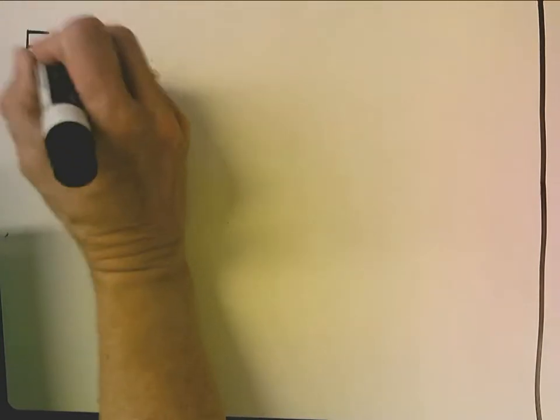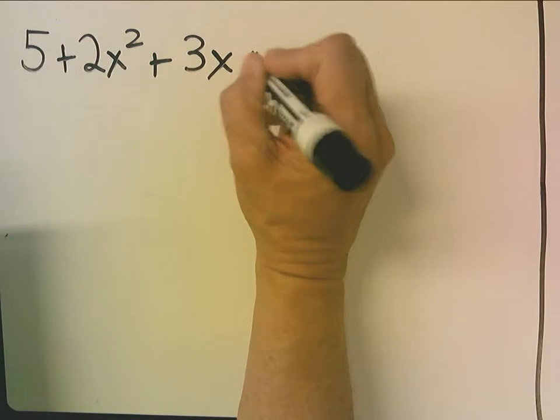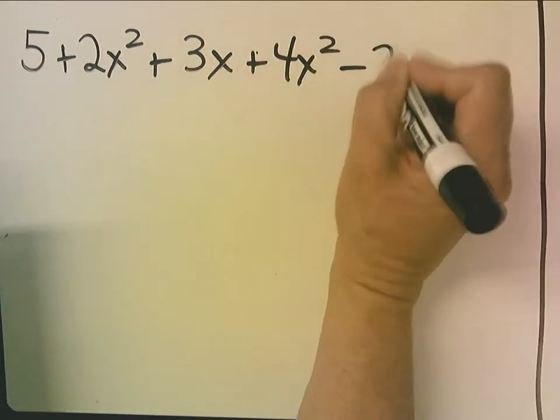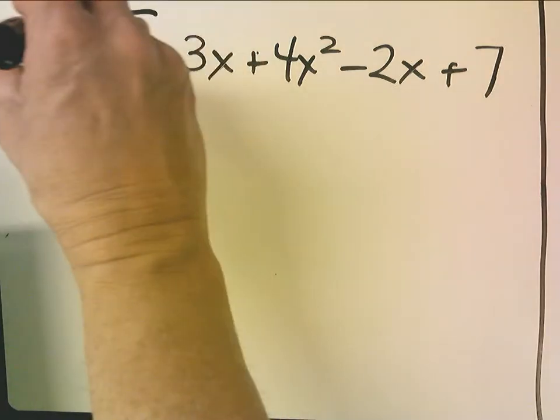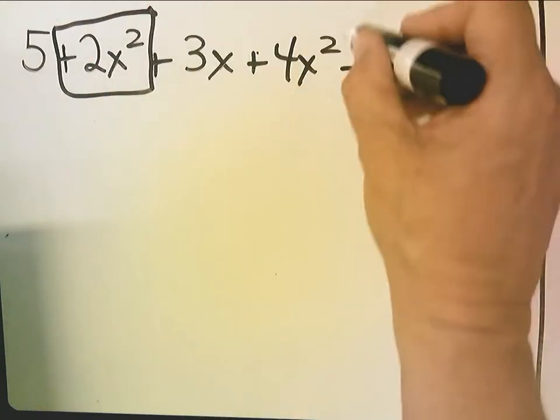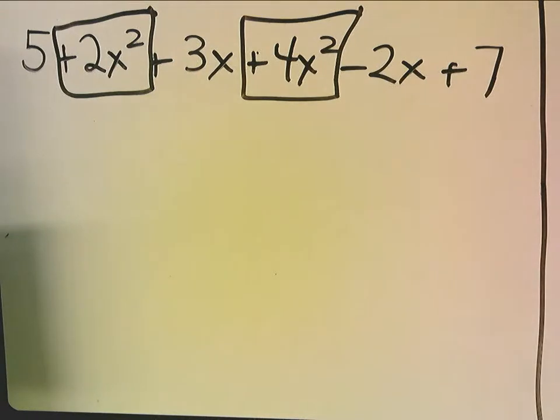We have 5 plus 2x squared plus 3x plus 4x squared minus 2x plus 7. Okay, so now I look for terms that have x squared. Now, what I really should do first is write these terms, list them with commas.